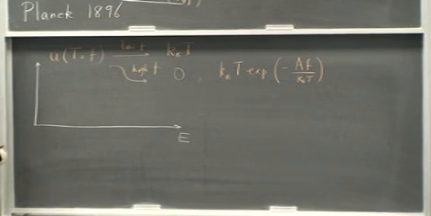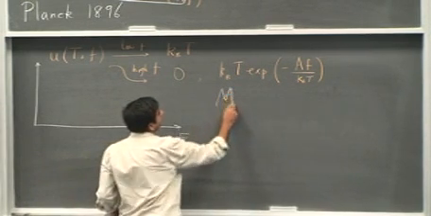Classical physics is based upon, and Rayleigh-Jeans innovations were based upon what is called the Maxwell-Boltzmann distribution.